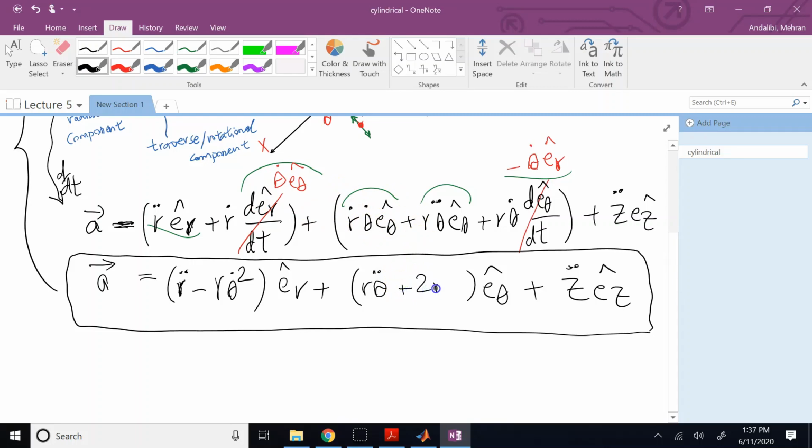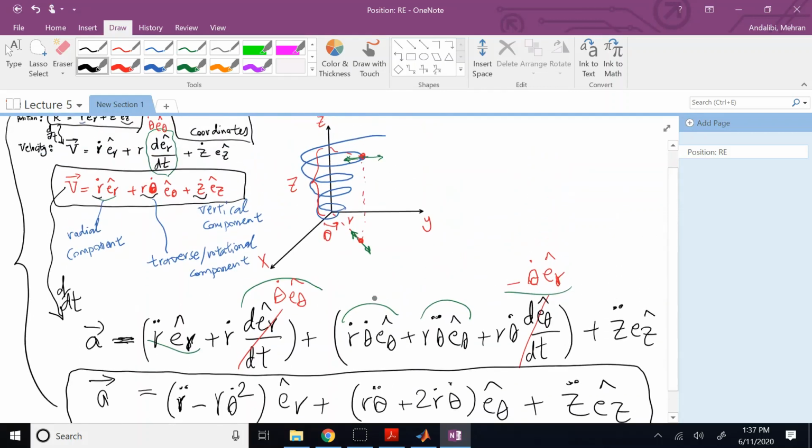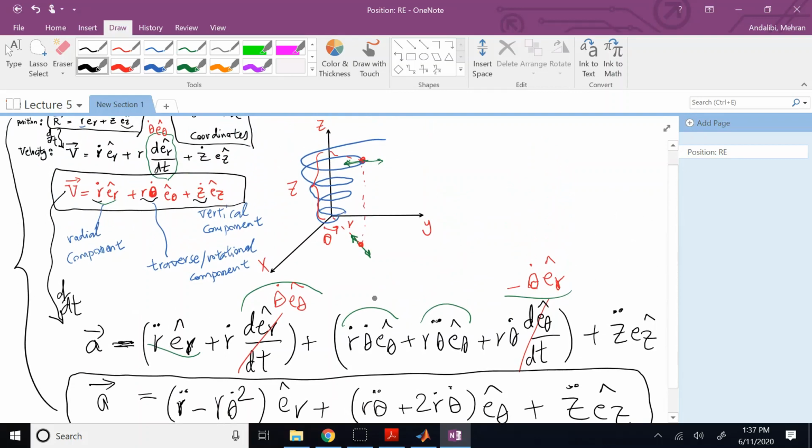So it is going to be 2 r dot theta dot e theta. And this is the formula that you have for acceleration. It has 5 components. 2 for er, 2 for e theta, and 1 for z or ez. Now again, do I need to memorize this? No.